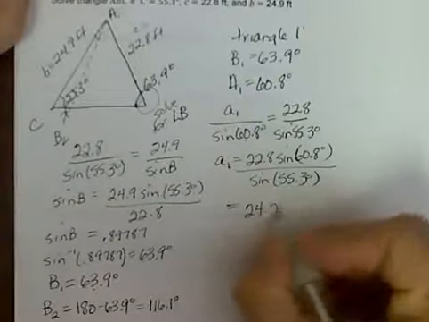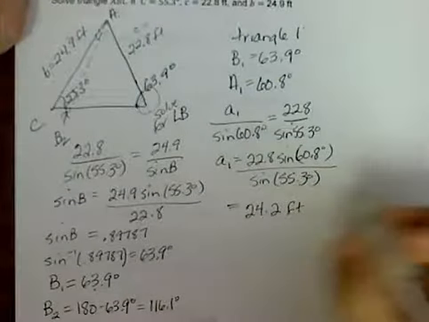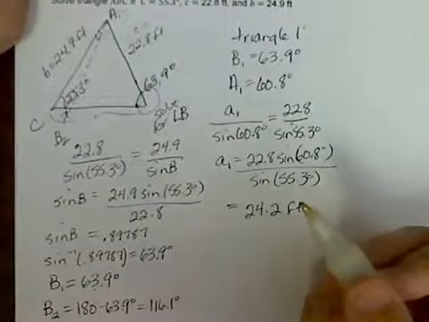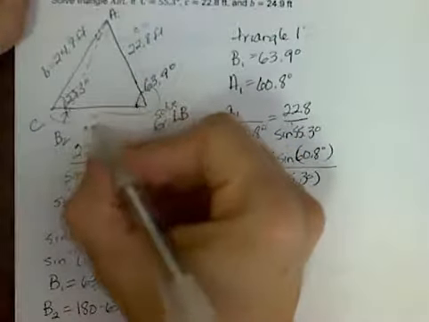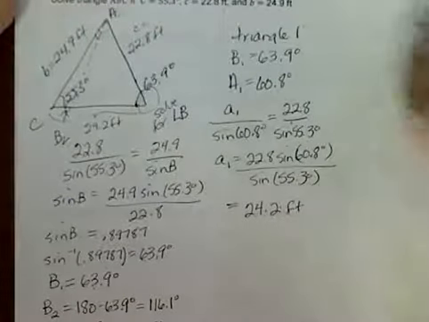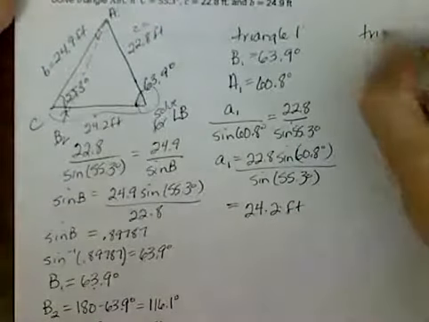That gives me 24.2 feet for my side A1. That would be this long side in my first triangle. And now I have everything figured out for triangle 1. I'm going to go on to triangle 2.